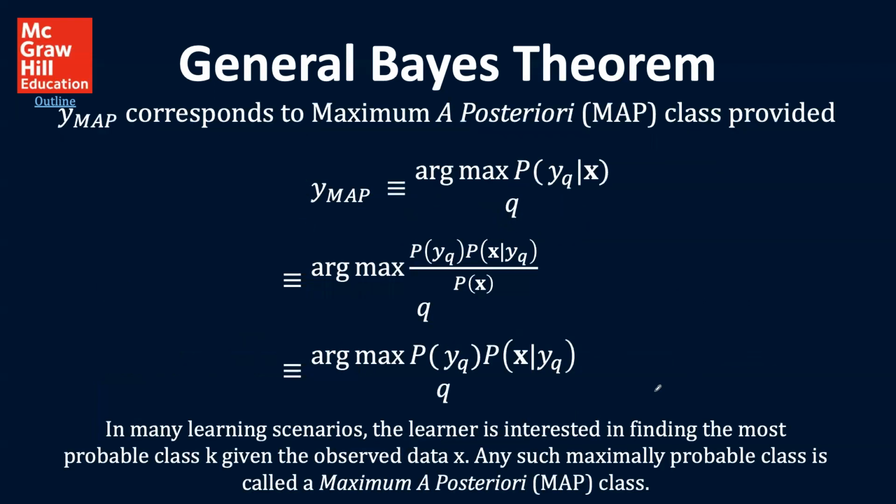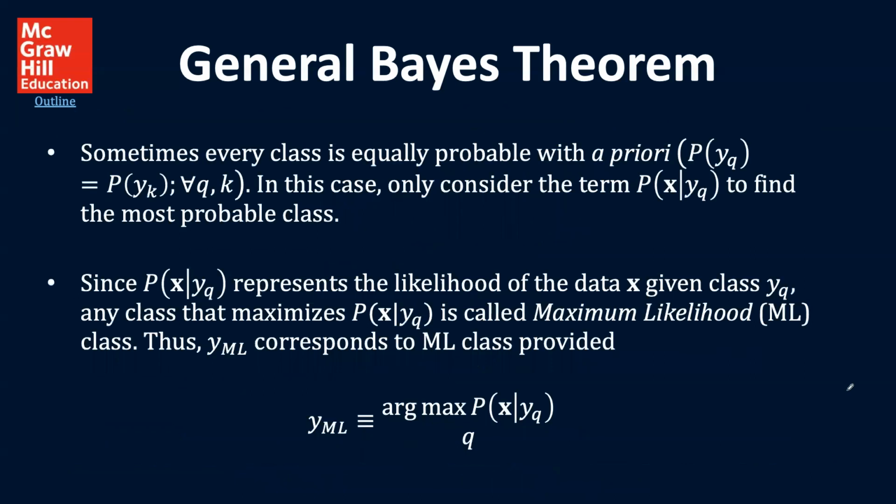So y MAP corresponds to the MAP class. In many learning scenarios, the learner is interested in finding the most probable class k given the observed data x. Any such maximally probable class is called the maximum a priori class. That's what we'll be leveraging as we go.